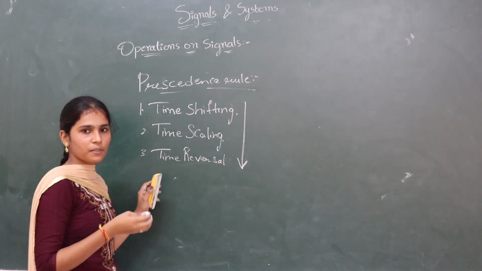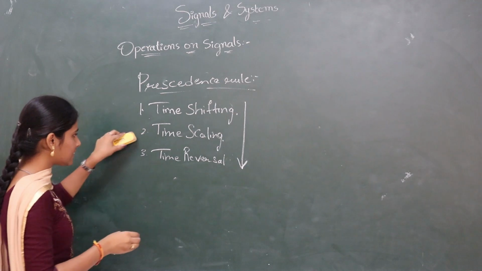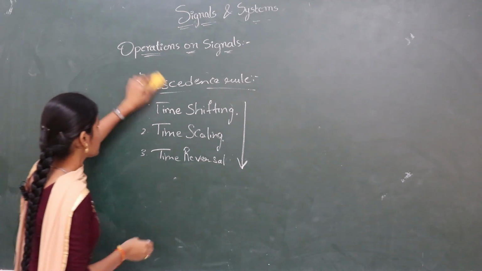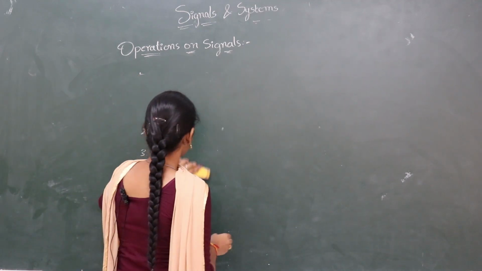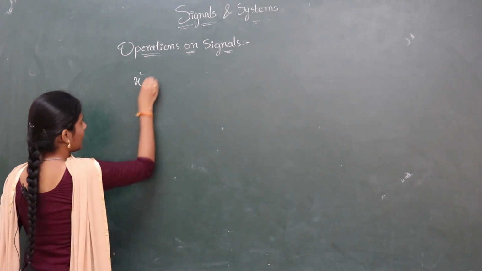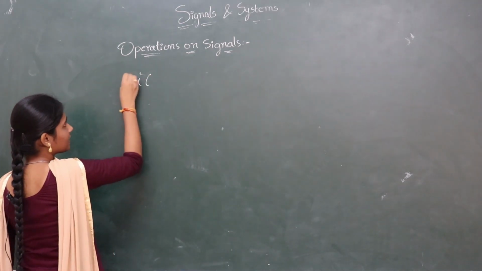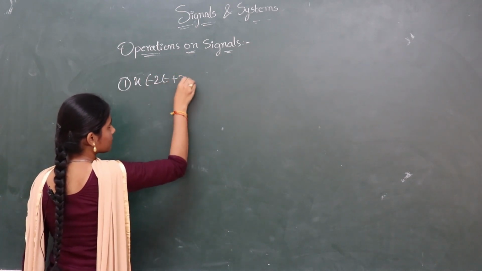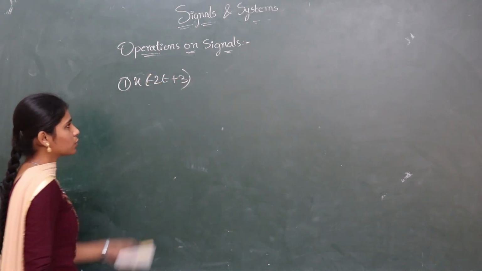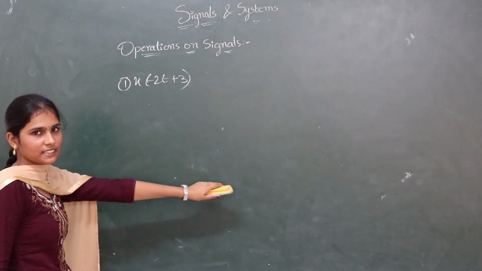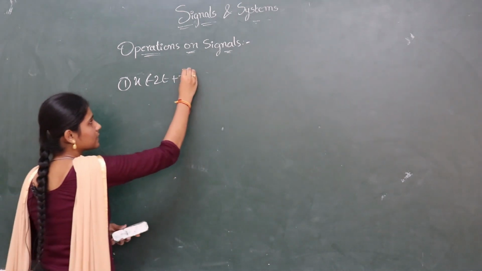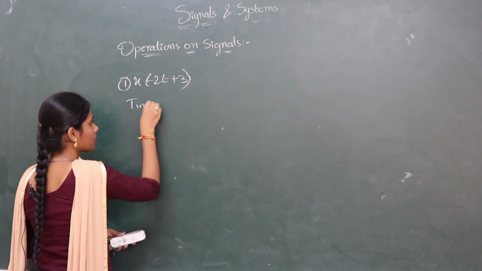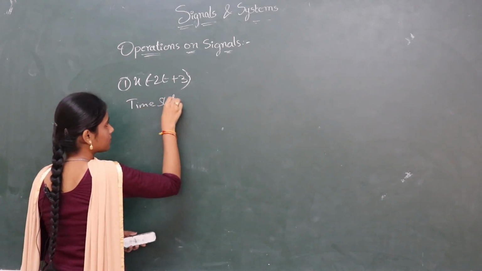Let us take an example which includes these three operations. Sketch the signal x of minus 2t plus 3. To sketch the signal, as we have seen in the precedence rule, first go with time shifting.